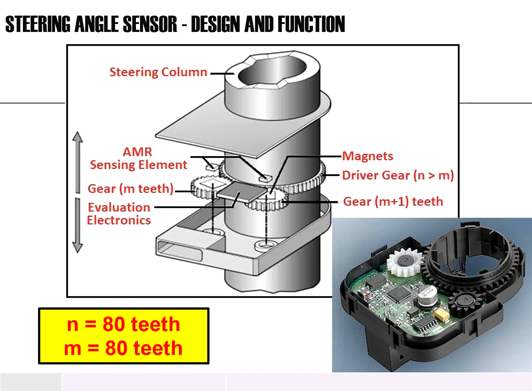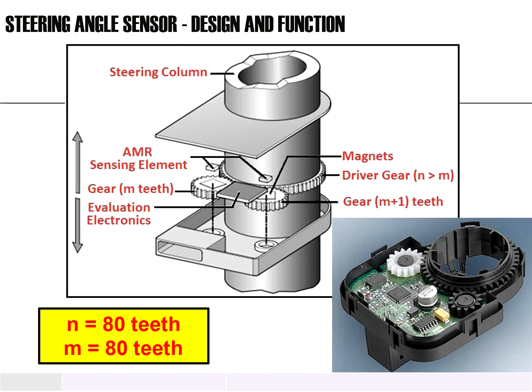Now let us look at the design and function of the steering angle sensor. The sensor uses a gear based arrangement, as in the figure shown below, to determine the steering angle. The presentation shows gear wheels with different tooth arrangements.